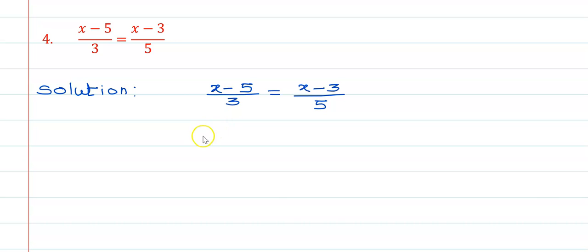Now the first step is cross multiplication here. That is 5 into, in bracket, x minus 5, and that's 3 into, in bracket, x minus 3, by the cross multiplication.